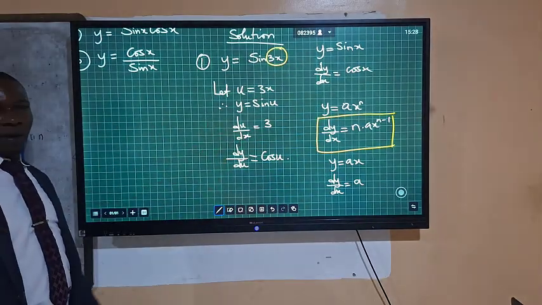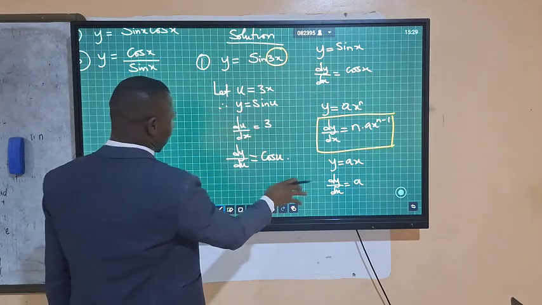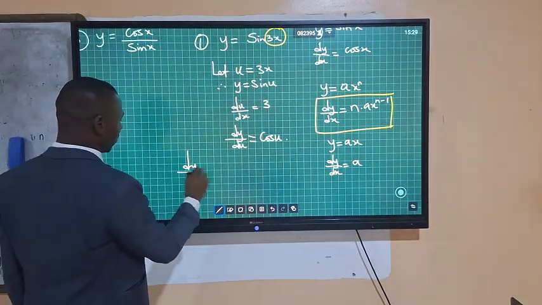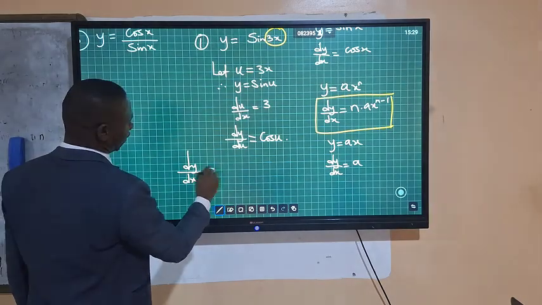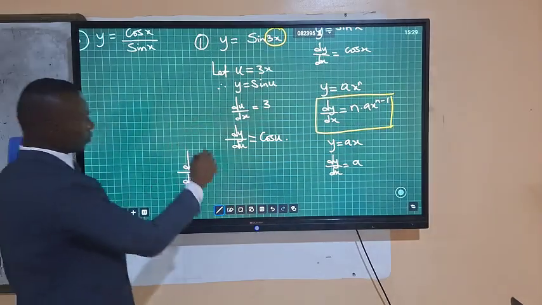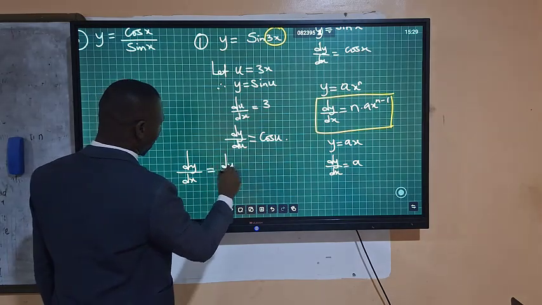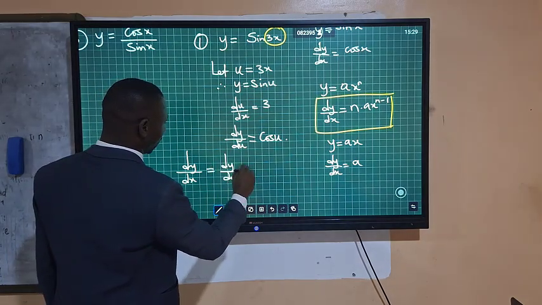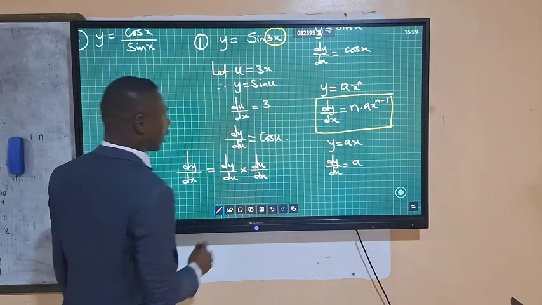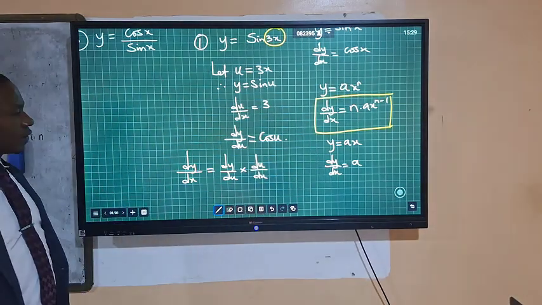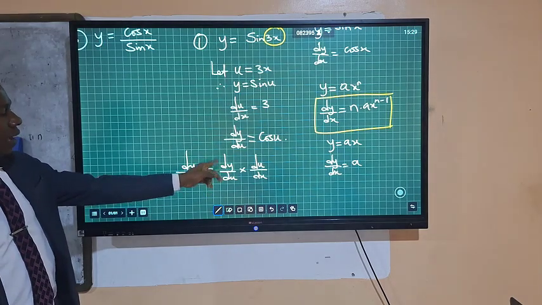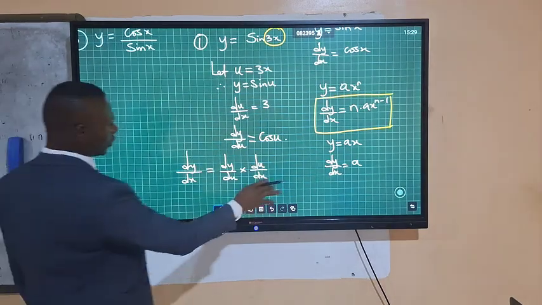Then we now apply our chain rule. And the chain rule states that dy over dx is nothing but dy over du times du over dx. So in this case, what did we get as our dy over du?